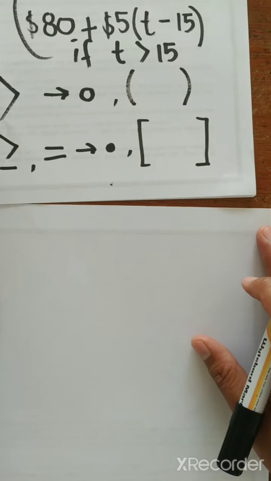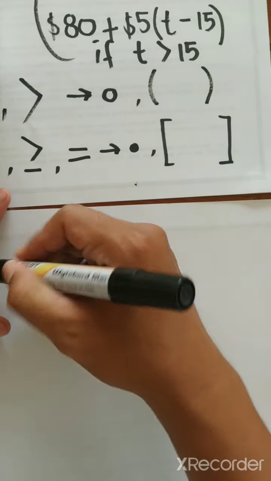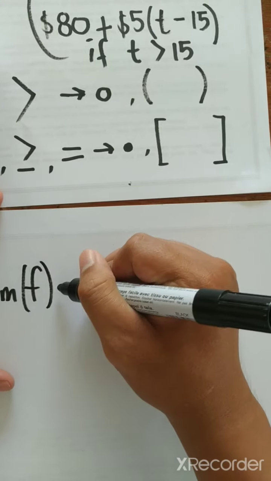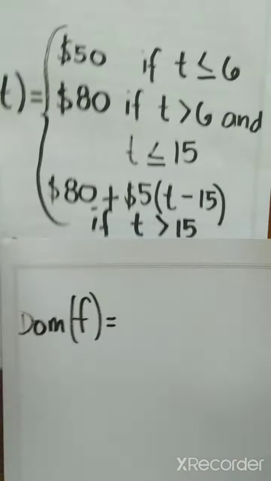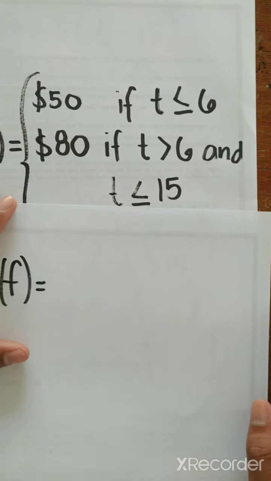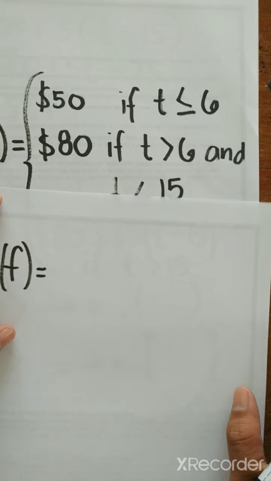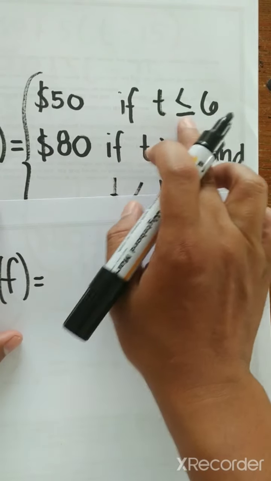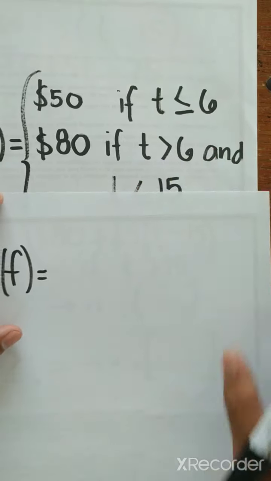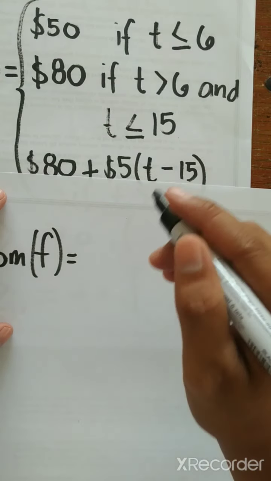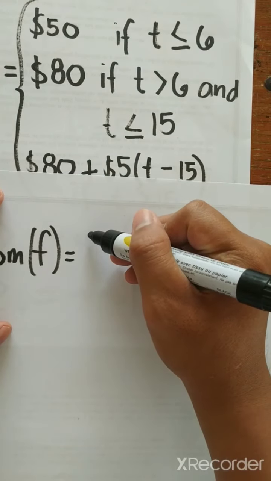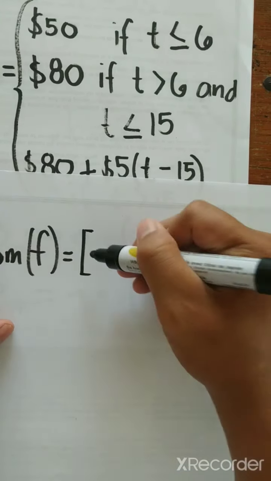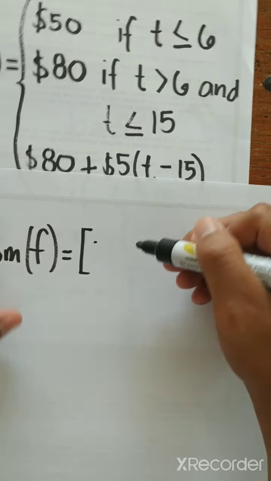Okay, so we will be writing our domain. If this were just a regular axis, we would have negative infinity and so on and so forth. But in this case, we are dealing with time. So the lowest would be 1 minute, right? So it will be denoted by this brace, 1 minute.